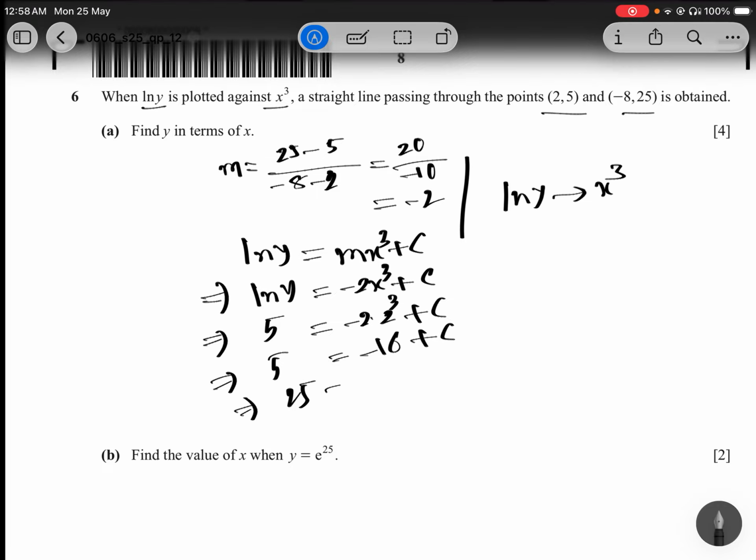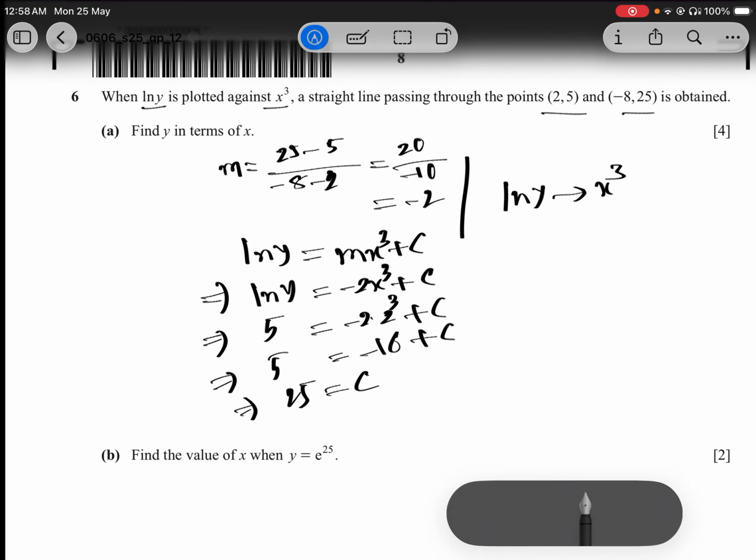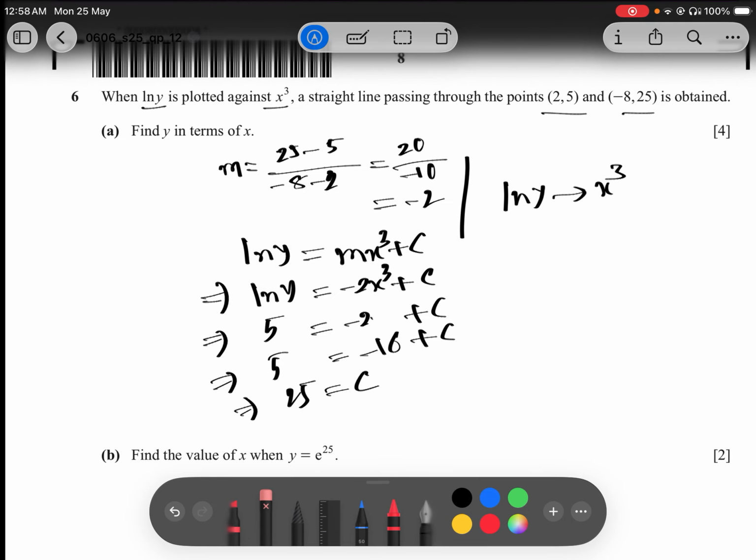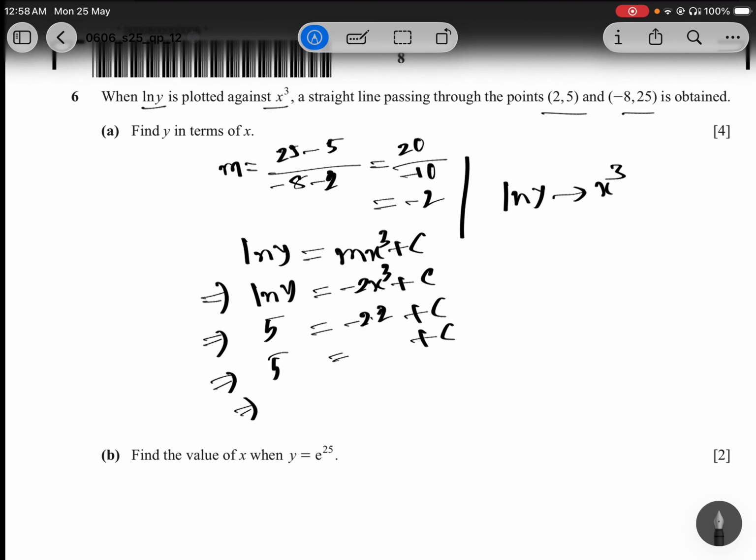And I'm getting c as 25. Is it okay here? I don't think so. Let me think about it a little bit. So x cube is 2. Yeah, C is 9.